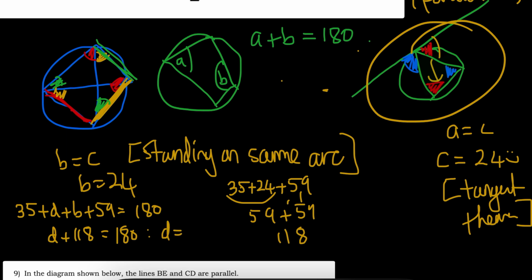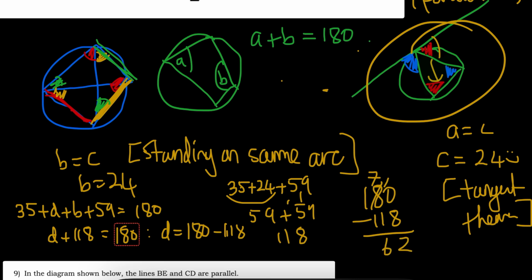So D equals 180 minus 118. Let's do it over here: 0 minus 8, we have to change this to a 7 and carry a 1. 10 minus 8 is 2, 7 minus 1 is 6, 1 minus 1 is 0. So D is 62.